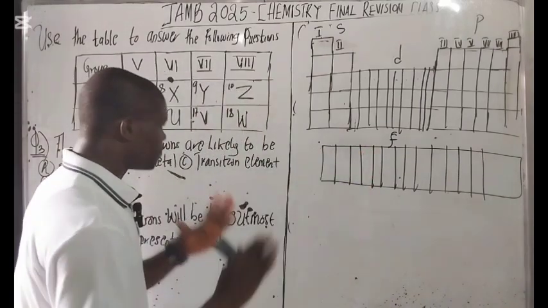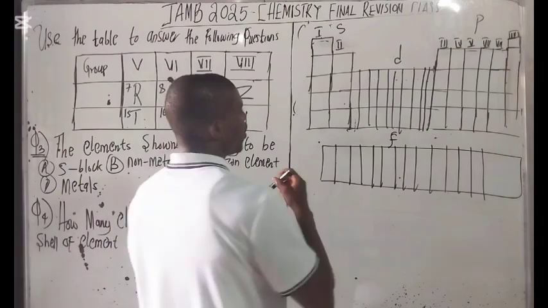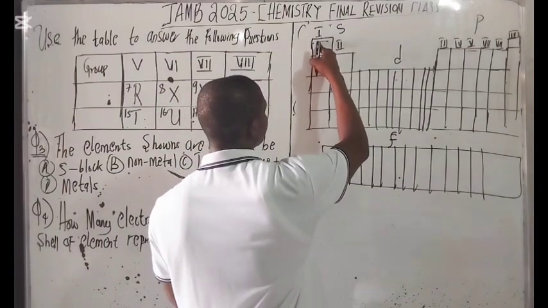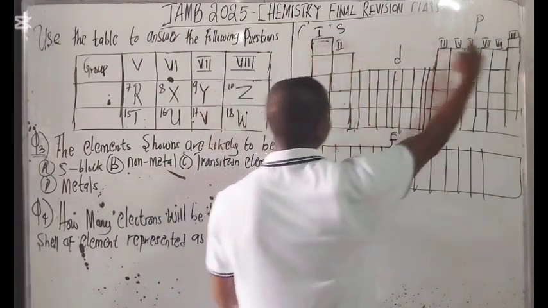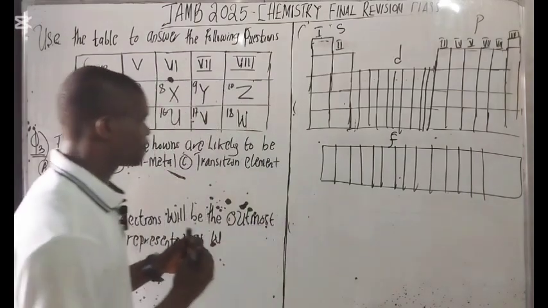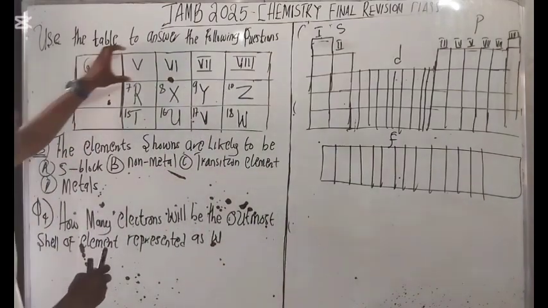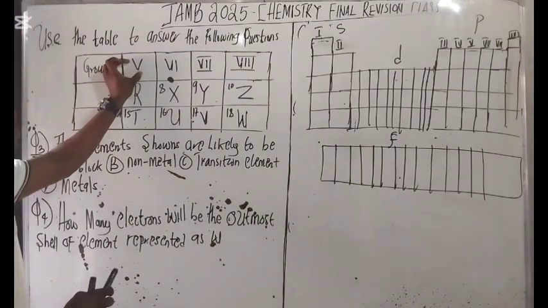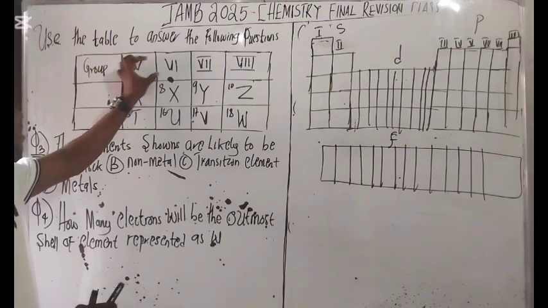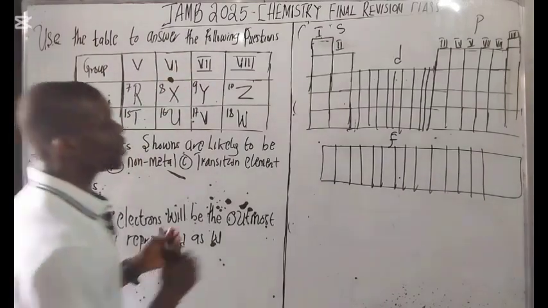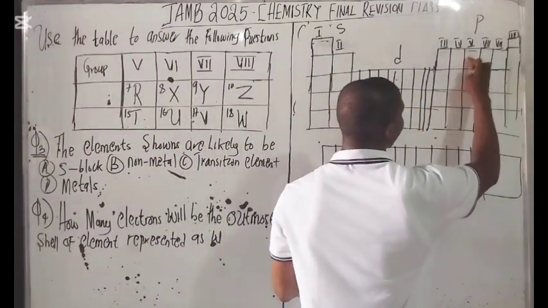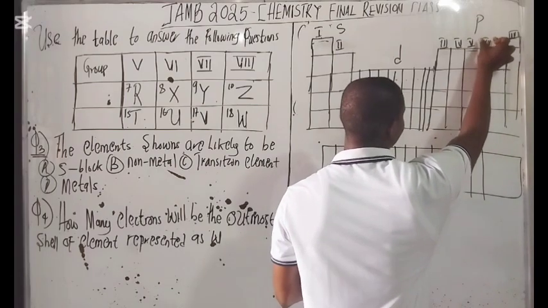Just now if you check very well, if you look at the elements here, if you look at the groups here, you find that here we have 5, 6, 7, 8. It's talking about from here to here.